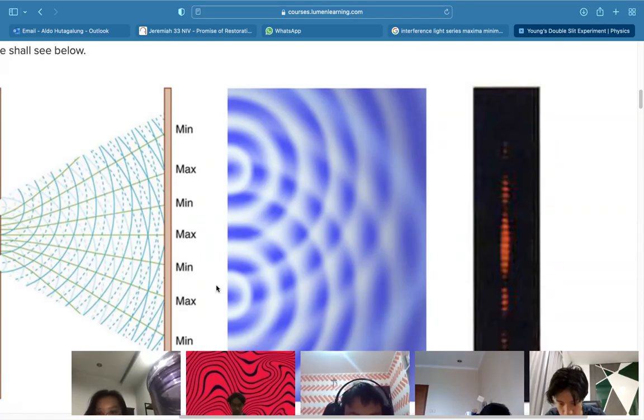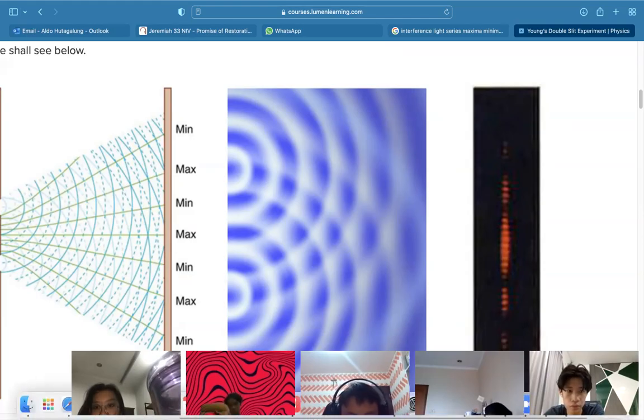Here, minimum is basically cancellation, annihilation, or black. And then this is the biggest one, the biggest constructive interference, shining bright. Does it help? Okay, clear?